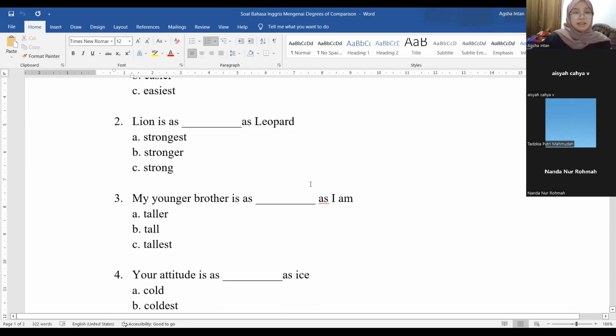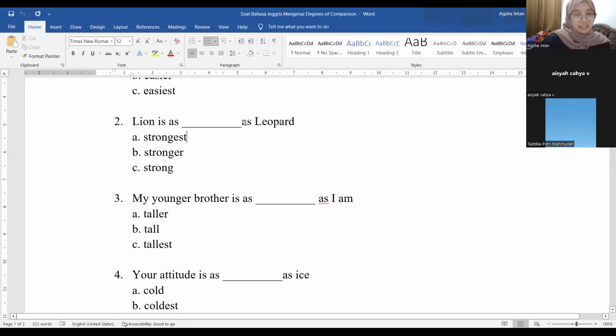Right. How about number 2? Lion is as blah, blah, blah as leopard. Who wants to try to answer? Is it B, Miss? Stronger? B, stronger? Are you sure? Can you spot the clue here and here?